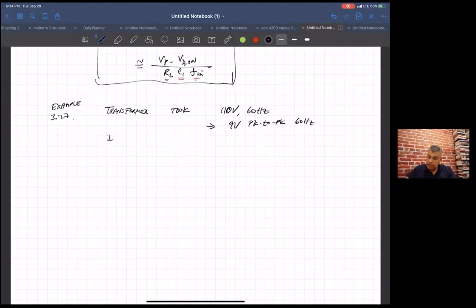If we want the ripple voltage to be 0.1 volt, select C1. Then assume VD on is 0.8 volts.